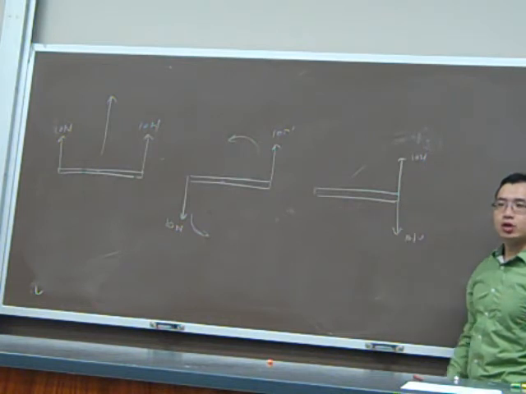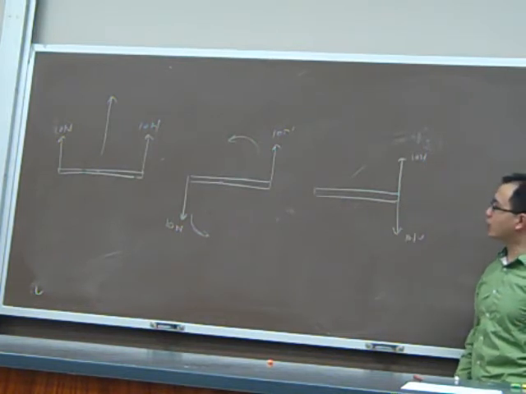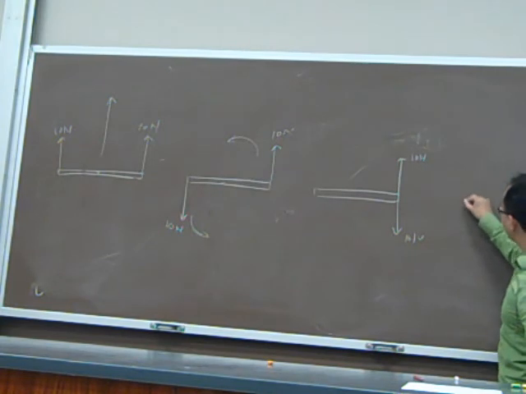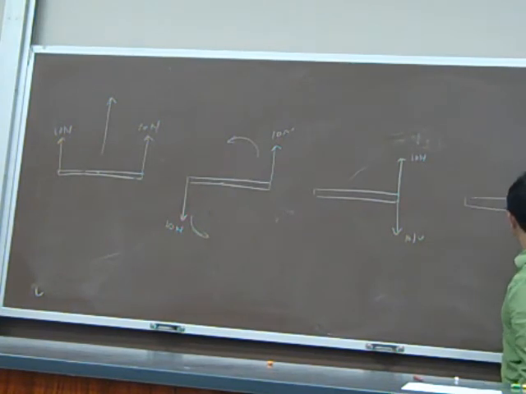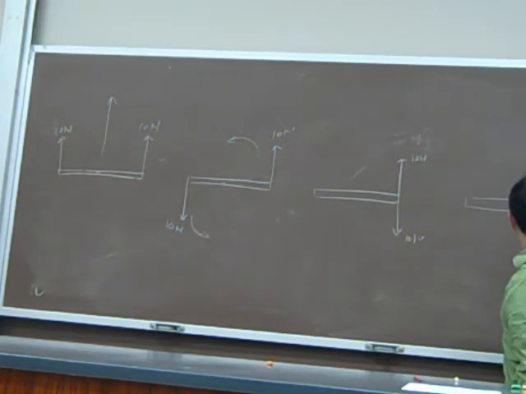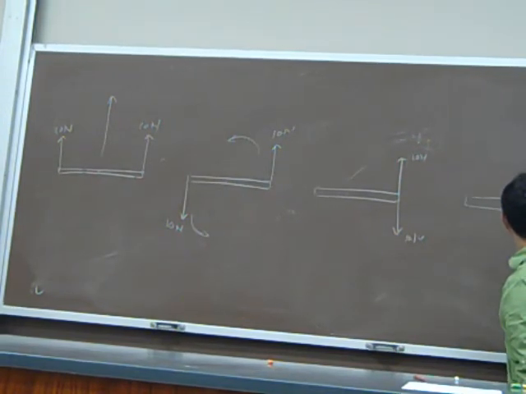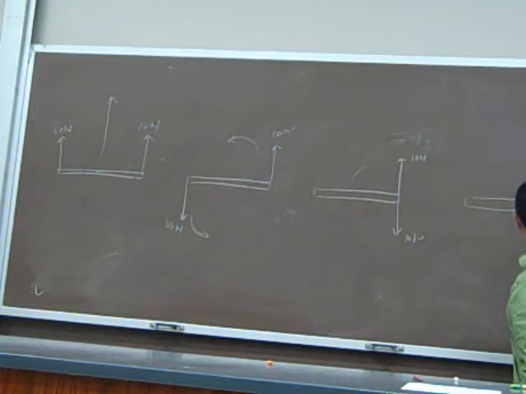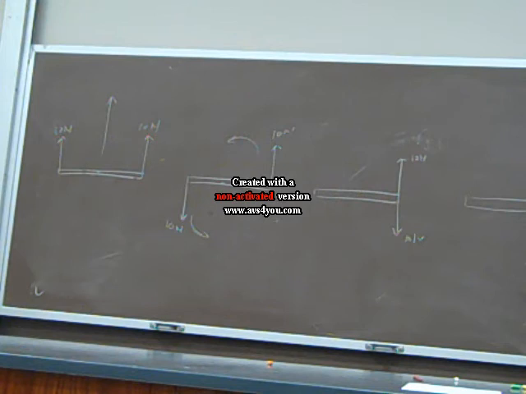Of course, we have another situation. If you have two forces like this, F1 and F2, the force is not balanced and the torque is not balanced. So this one will produce both translation and rotation.